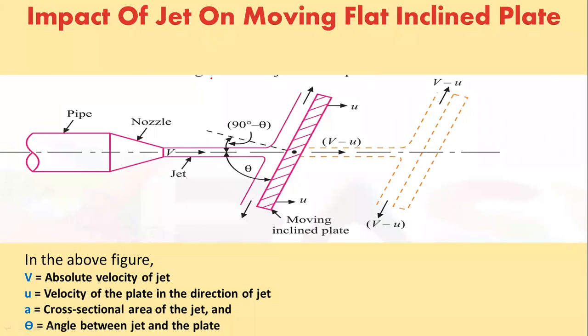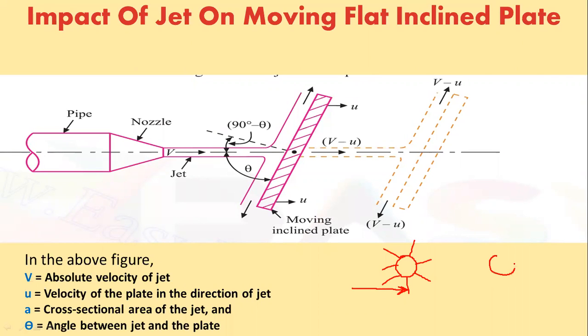Either the plates can be flat, or they can be inclined. For example, let me show you so that it can be an understanding point for each of you. If the plates are mounted in this form on a turbine, this is nothing but a flat plate, and the jet will impact the flat plate vertically.